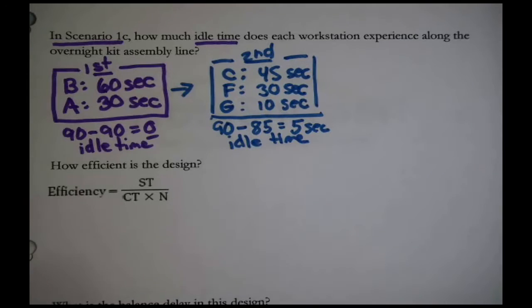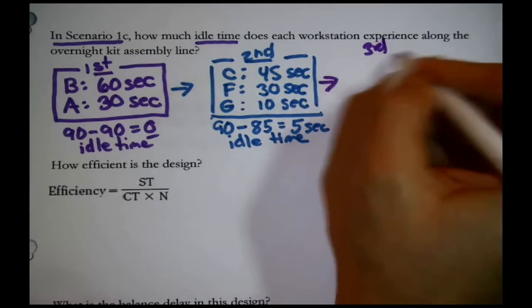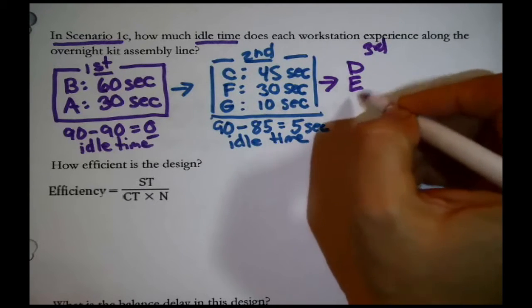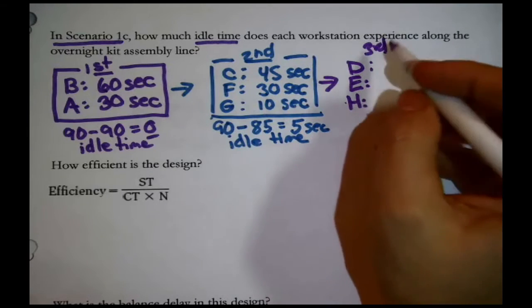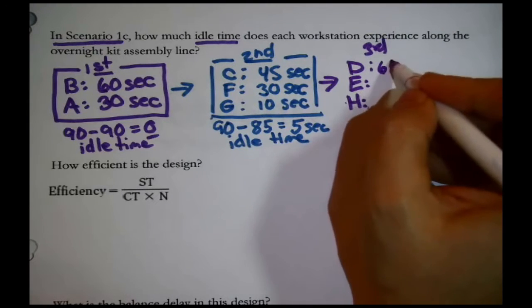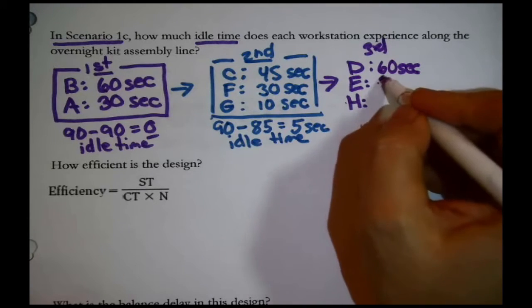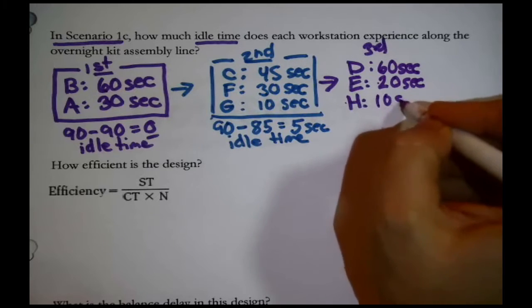The third workstation also has 3 things assigned to it. Let's see, we had decided that it would do D, E, and H, those 3 tasks. Now I'm looking at the data, how long they actually take. D was pretty long, 60 seconds. E was only 20 seconds, and H was 10 seconds.